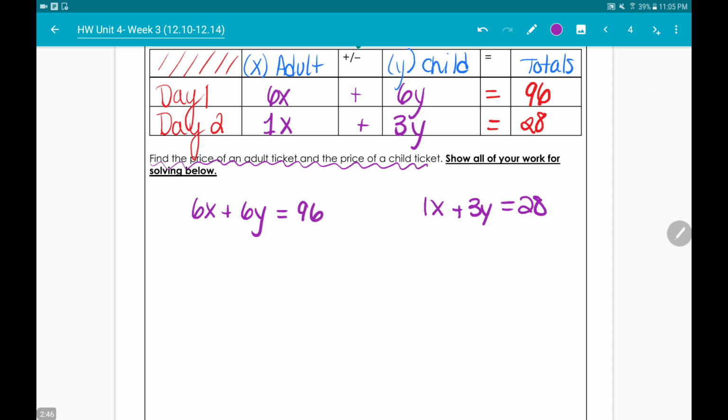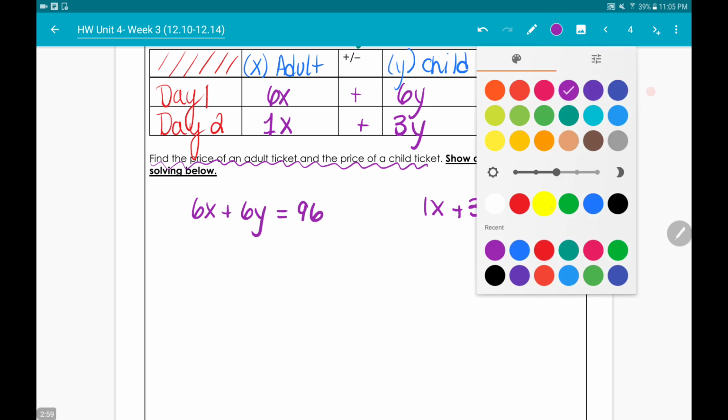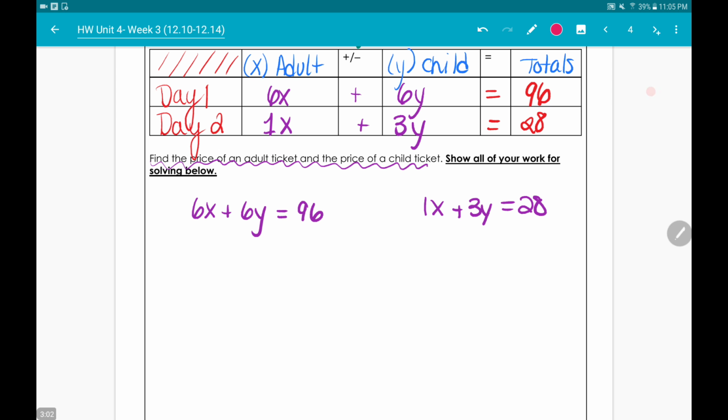So, there are 2 methods that are pretty easy for this one. The first one, since it's already set up for you, elimination. The second one is, in fact, substitution. And the reason why I think of substitution is if I look at equation number 2, the x is almost isolated. So if you're a fan of substitution, you can do that. I'm a fan of elimination, and normally I would favor that one.